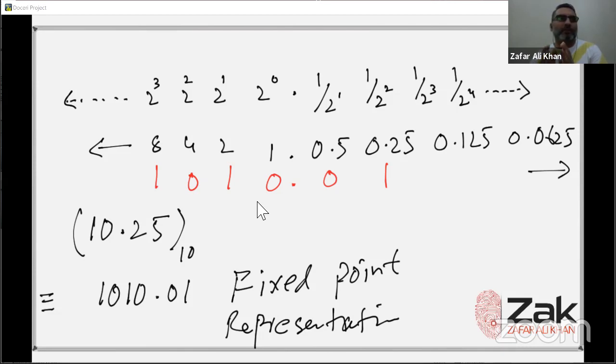Remember one thing, floating point numbers are actually the real numbers. Different languages have different data types for these floating point numbers. In Visual Basic, it is single, which allocates 4 bytes for representation, where 3 bytes are in mantissa and 1 byte in exponent. Why 3 bytes in mantissa and why 1 byte in exponent, we will discuss further.